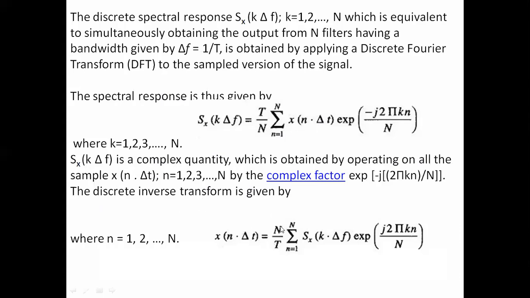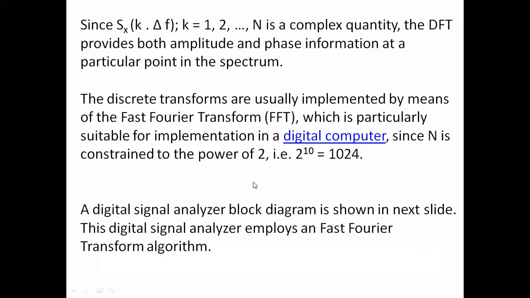Using the DFT provides both amplitude and phase information at a particular point in the spectrum. So in the obtained spectrum, we can identify the amplitude and phase of the applied signal.